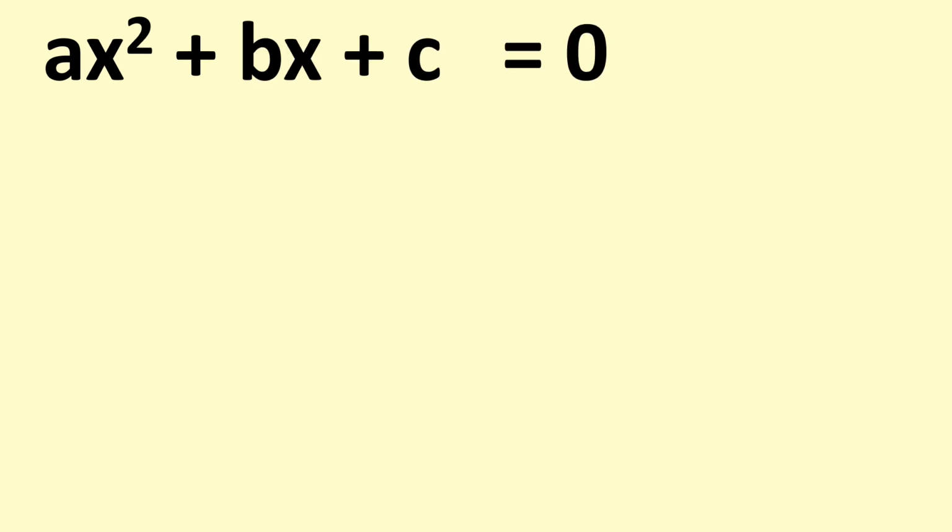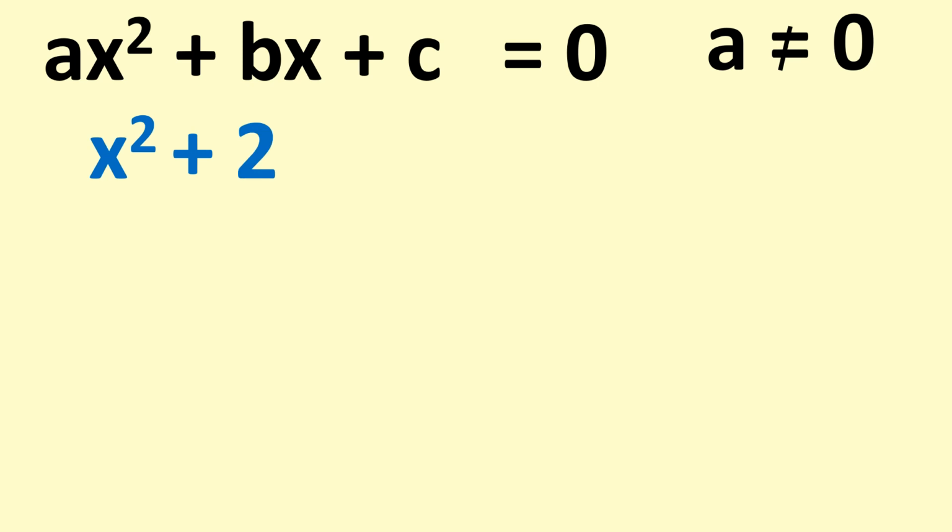So we'll be starting with the factorization method to solve this quadratic equation. ax squared plus bx plus c is equal to 0, provided a is not equal to 0, like we mentioned earlier. Our question for today, which we'll be solving, is x squared plus 2x minus 15 is equal to 0.